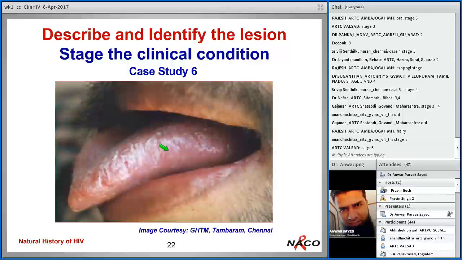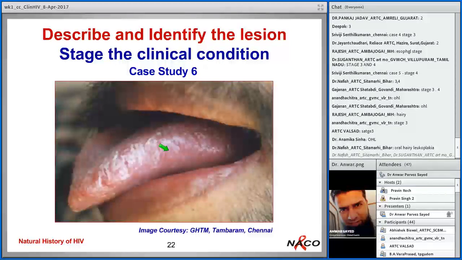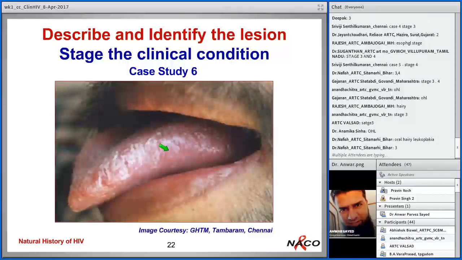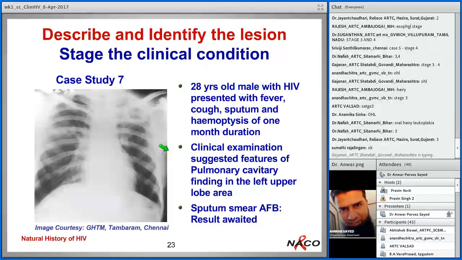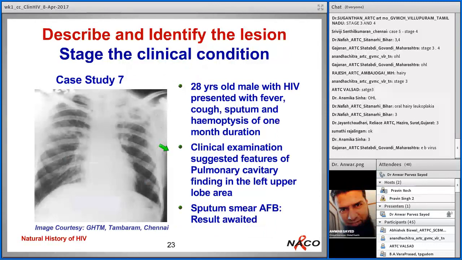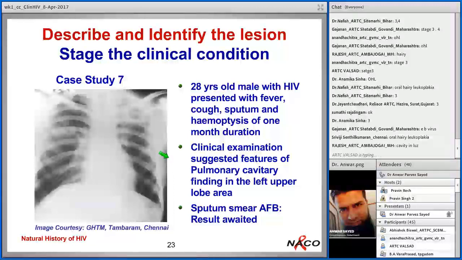Can you tell me which stage it is? Yeah, so it is stage 3 and stage 4.